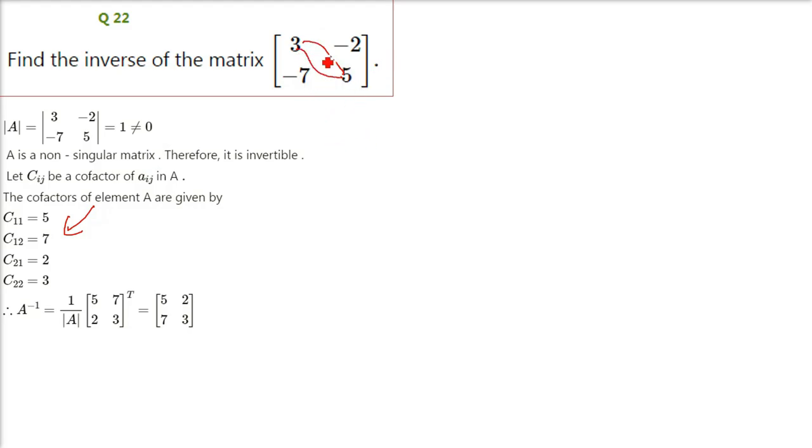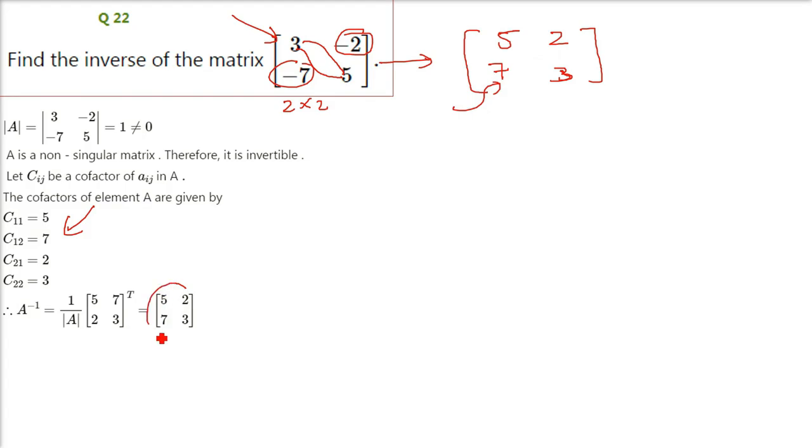The diagonal elements need to be exchanged. So 5 is here, 3 is here, and then just change the sign of 7 and 2. So this is going to be 7, this is going to be 2. So this is your adjoint A as well as the A inverse. Why? Because the determinant of A is equal to 1.